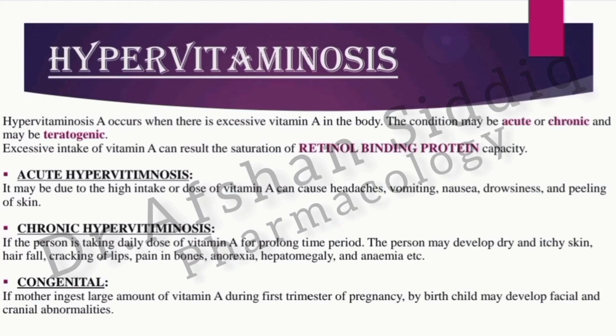Hypervitaminosis arises as toxicity in either acute or chronic form, and if women who are conceiving or are in the first trimester of pregnancy take vitamin A in excessive amounts, it may cause a teratogenic effect in fetal development.